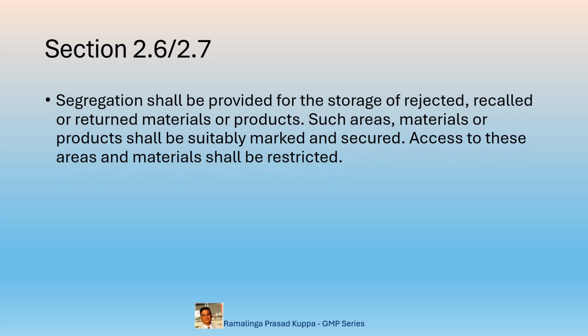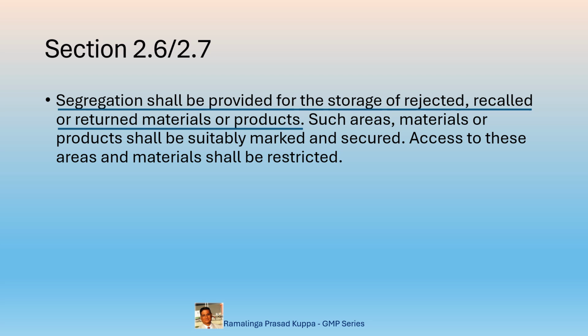Subsection 2.6 and 2.7. Segregation shall be provided for the storage of rejected, recalled, or returned materials or products. Such areas, materials, or products shall be suitably marked and secured.